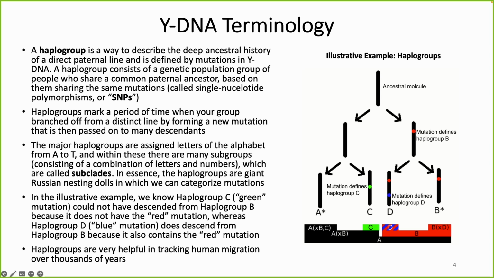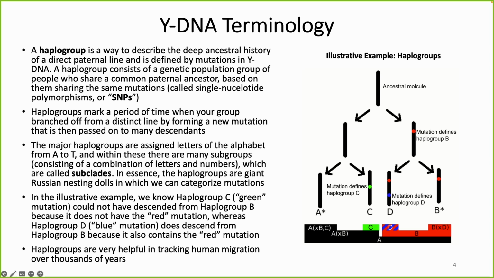And then if we take it one more generation, there is an additional mutation for each of these lines. So the one that didn't have a mutation has two sons. One that continues to have no mutation is still haplogroup A. And then there's a green mutation that forms. That's haplogroup C. It's a new haplogroup that forms. And then over here, the red has an additional mutation.